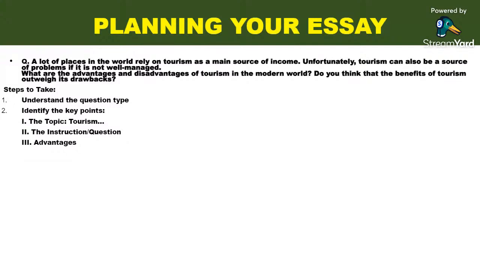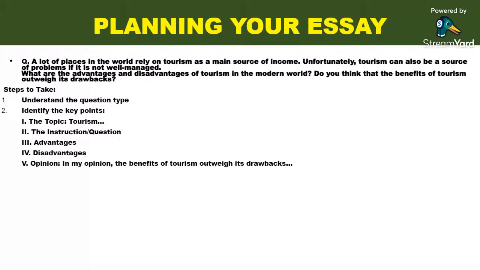The first is advantages, the next one is disadvantages, and then the next is opinion. So in this case, you are going to state your opinion. In my opinion, the benefits of tourism outweigh its drawbacks. So you have to decide, okay, and give an opinion, because the question is, do you think that the benefits of tourism outweigh its drawbacks? If you say yes, then you have to actually explain, okay, quite briefly.